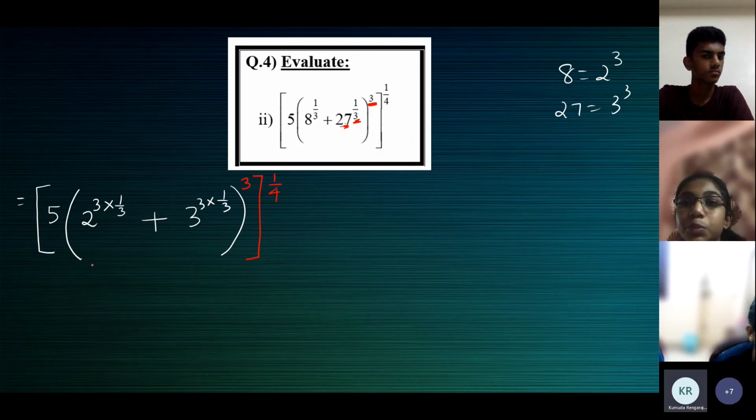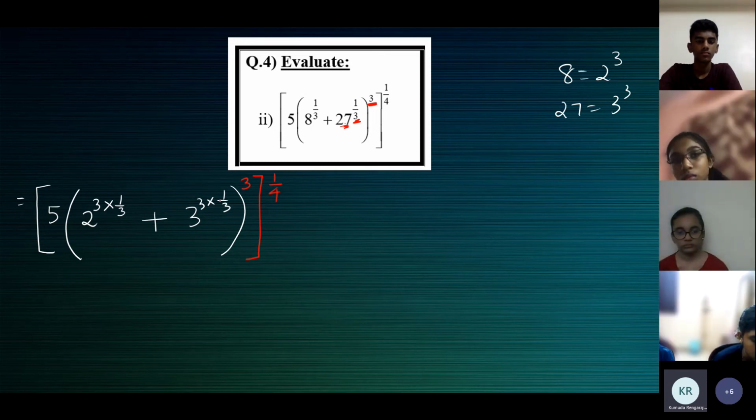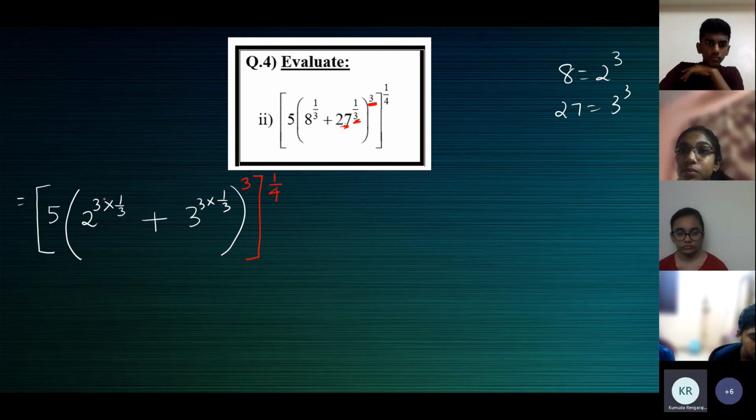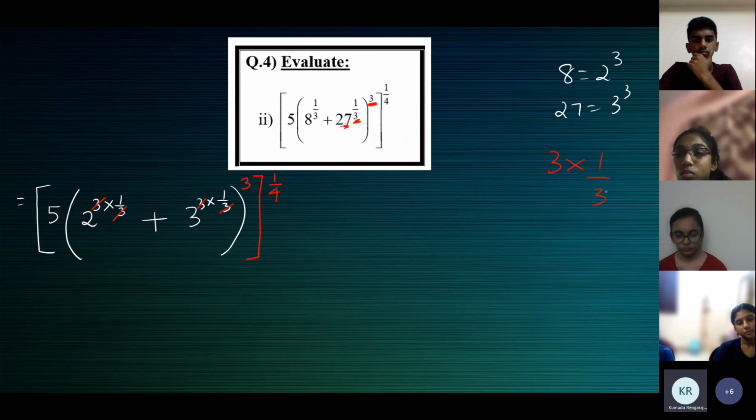So what we've done here is we've written 8 as 2 cubed and 27 as 3 cubed. And there was already the power 1 by 3 for both. We multiplied that power. Now 3 and 3 get cancelled, because 3 into 1 by 3 cancels.